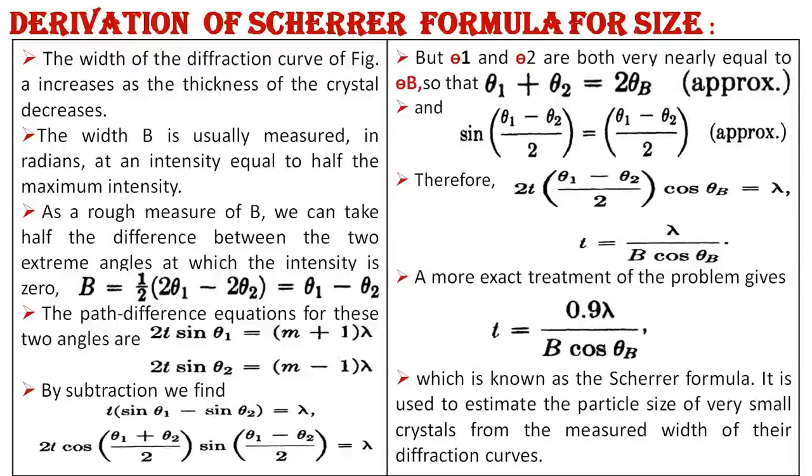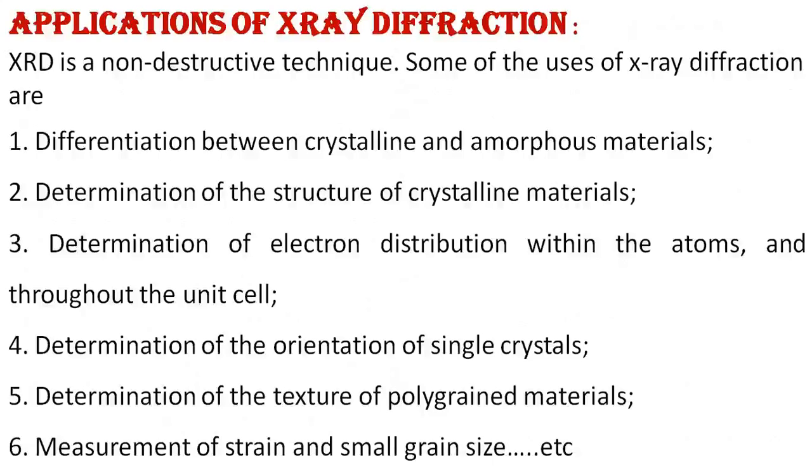It is used to estimate the particle size of very small crystals from the measured width of their diffraction curves. Next one is the application of XRD, or X-ray diffraction. XRD is a non-destructive technique.